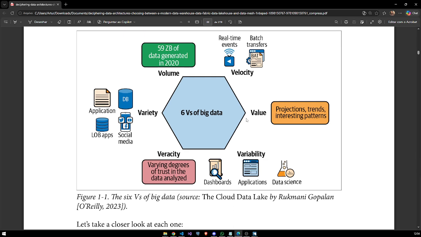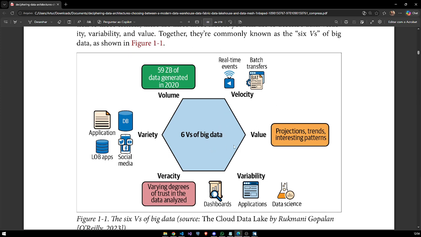Okay, so the next V of the big data V's is value. All of these V's are about generating value for someone, and who is going to use this value? The dashboards, applications, data scientists, data analysts.